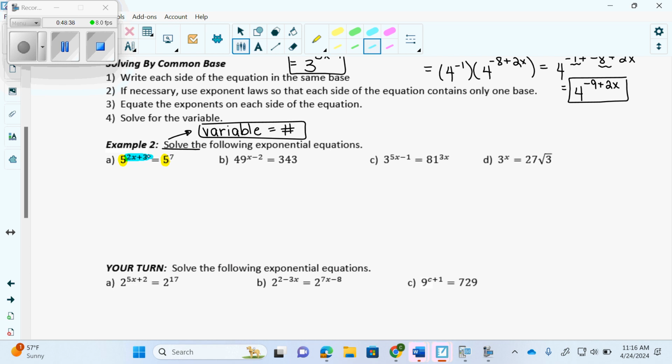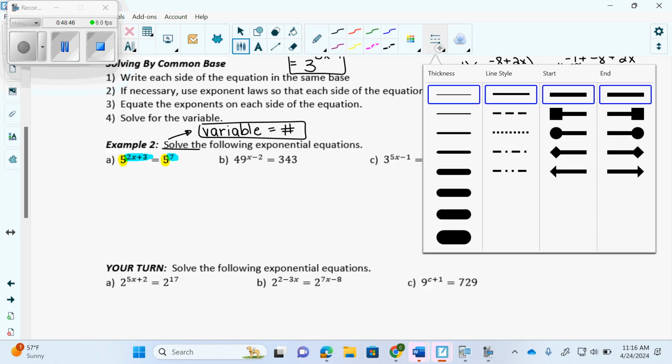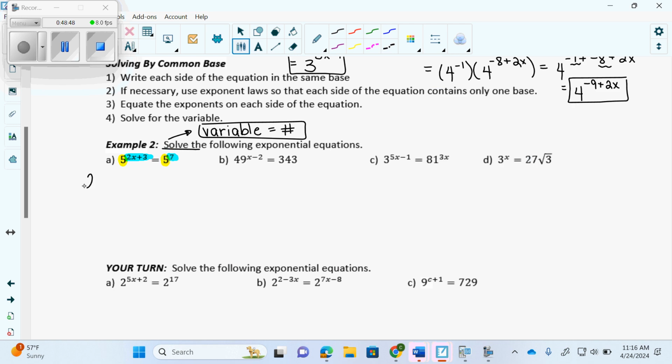If those bases are the same, then I have to say that these must be equal. True? So let's do that. So 2x plus 3 must equal 7. So if I can get a common base on both sides, it's really easy after that. I can just set those exponents equal. Now I'm back to grade 7. How do I solve it? Minus 3.